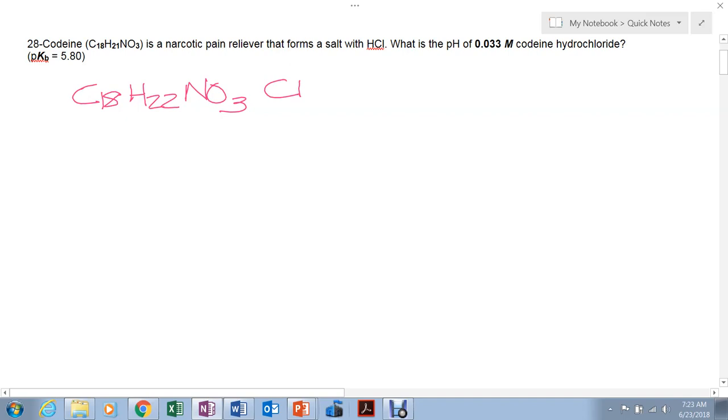Now, if you remember from before, when you have a salt, you have the cation of a base, because this is acting as a base, C18H21NO3, and it's accepting a proton.